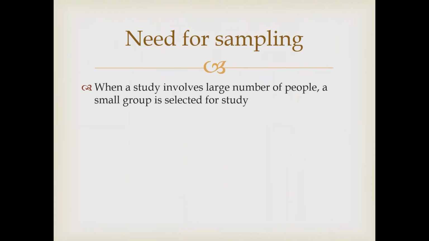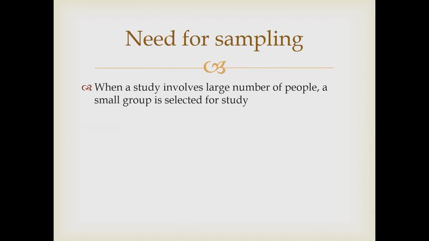I hope you can see the slide moving. So the need for sampling. Why do we need sampling first of all? When a study involves a large number of people, a small group is selected for study. Say, for example, the bank employees of Kerala.